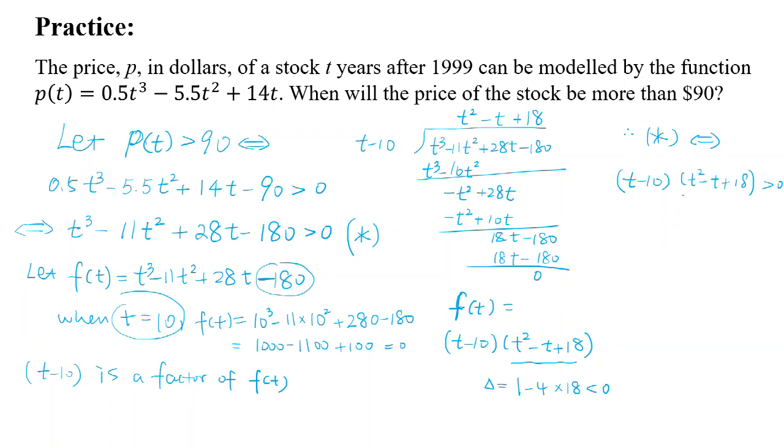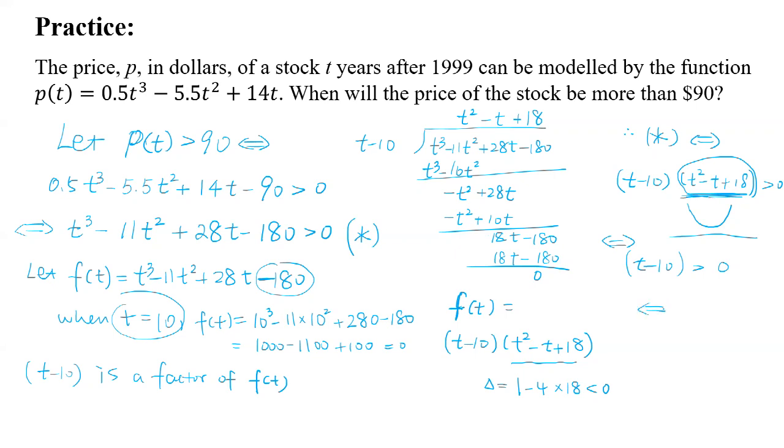Okay, so note here, for this quadratic, it opens up and it has no zero. That means it will have a graph like this, right? This means it is always positive. So we can divide both sides by this quadratic. The original inequality is equivalent to t minus 10 is greater than 0, right?